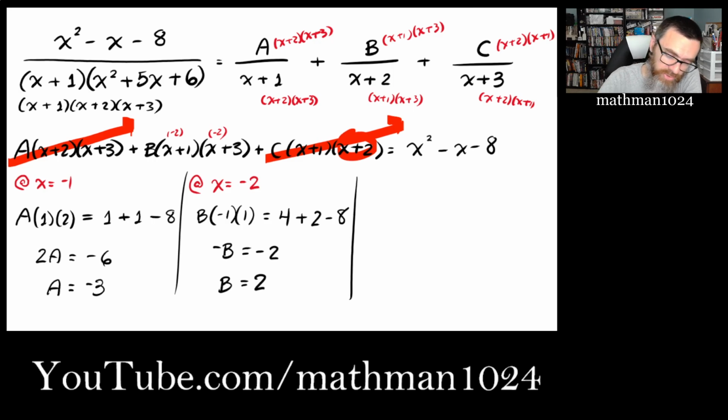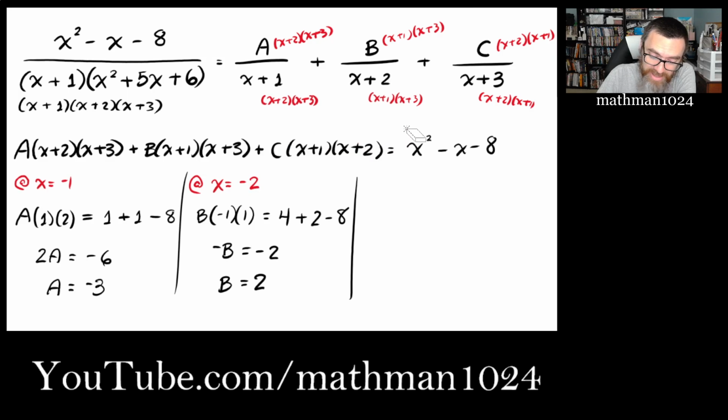All right, I'll take that. And then for the last one. Now, here's something you can do for the last one. You could use the other critical value that we have, which I think would actually be the best thing for you to do. But since you already know what A and B are, and you just need to know what C is, you could pick any value for x and plug it in, and then see what's left over.